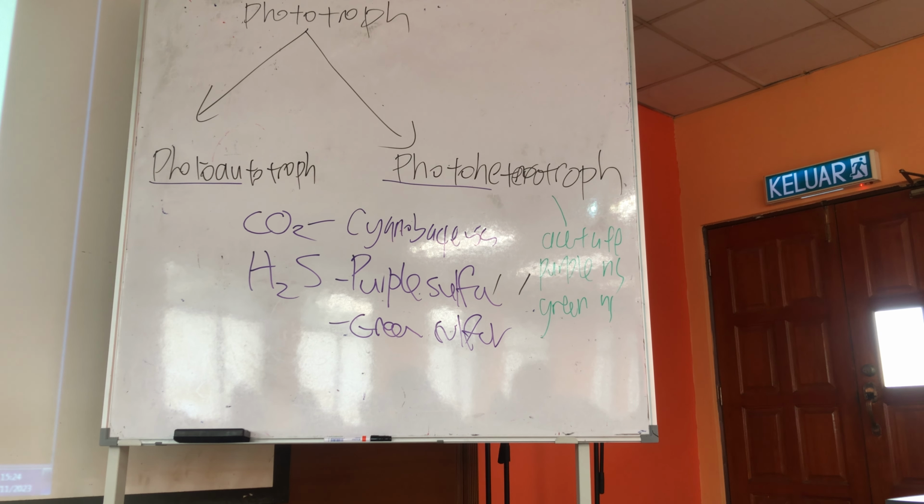For the anoxygenic, hydrogen sulfide is used. For the cyanobacteria, it uses water. In this case, the function of the hydrogen sulfide and the water is as the electron carrier, or specifically, the electron donors.